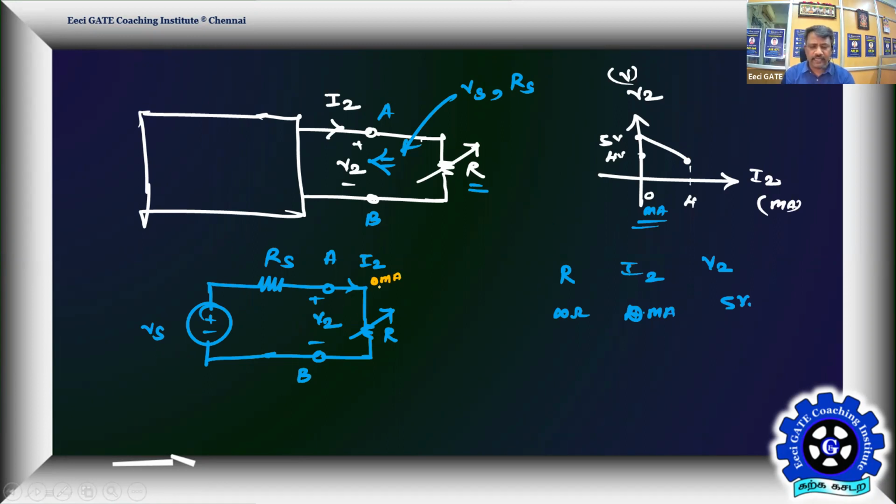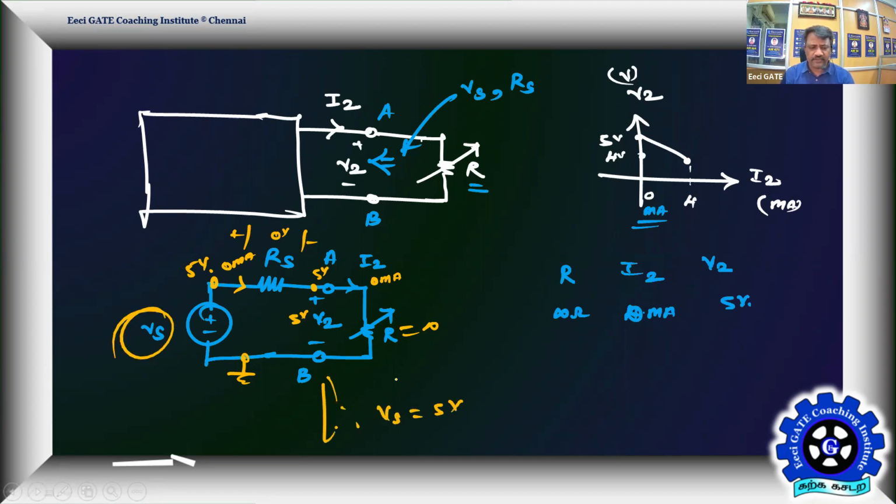I2 being 0 milliamps means no current, so R must be infinity. This is equal to 5 volt and here there is no current. Therefore, there is no loss across Rs. Assuming this is the reference 0, this will be 5 volt with no gain or loss of voltage, so this is also going to be 5. Therefore, Vs is equal to 5. So the first condition straight away gives Vs equal to 5.